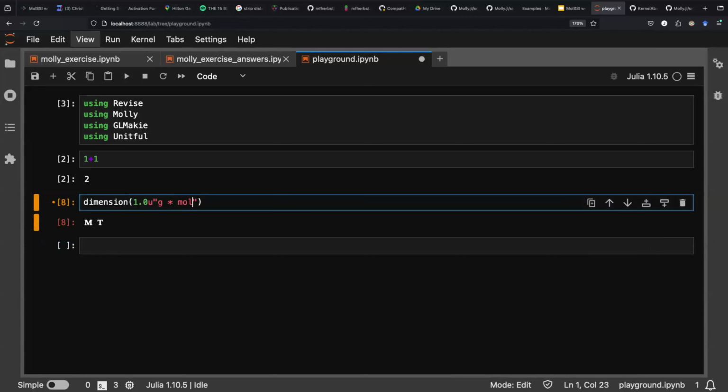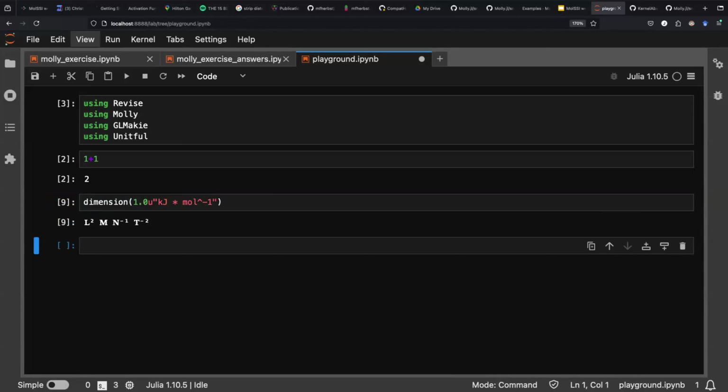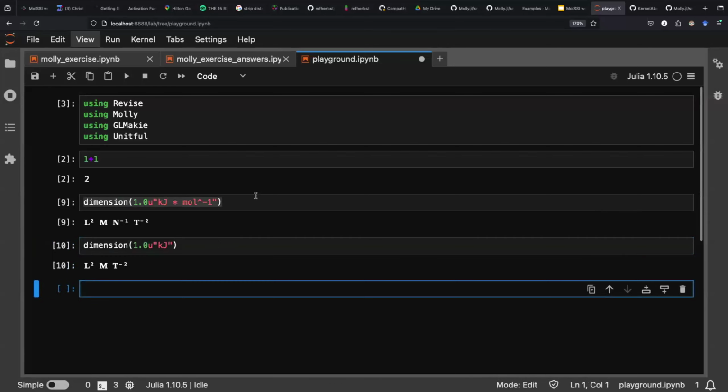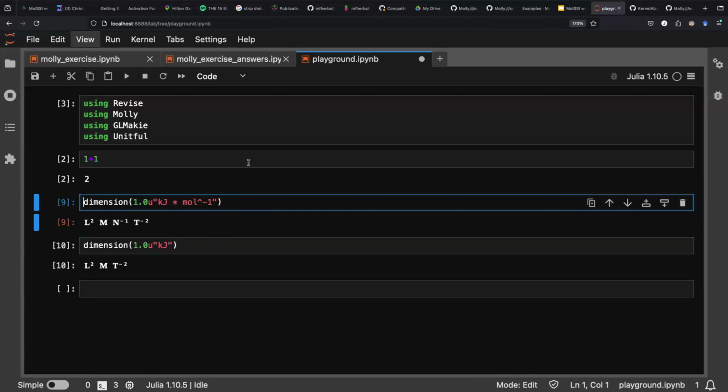In Molly, the energy by default is given in kilojoules per mole, which differs from kilojoules by the addition of per mole, and you see that this actually changes the dimension because in UnitFul, molar is considered a dimension. It's the dimension of number, if you like. So that's a bit hard to get your head around, but if you don't like it, take it up with SI units or whatever. That's their thing.